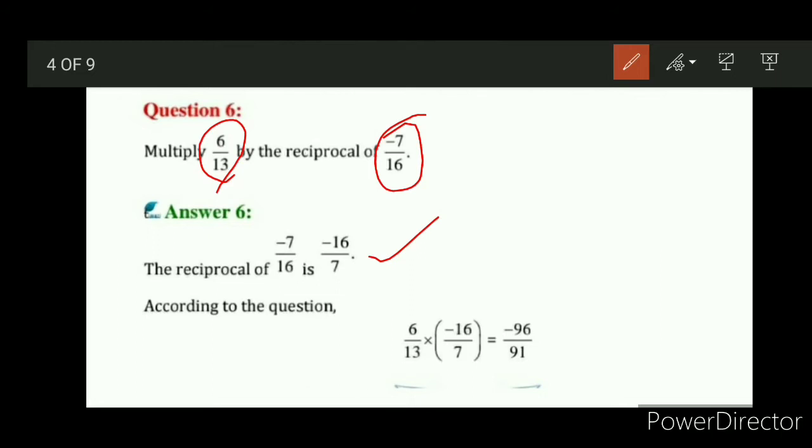After that, according to the question, we will multiply these two numbers. 6 by 13 into minus 16 by 7 gives minus 96 by 91. For this type of questions, much more explanation is not necessary, I think. So still if you do not understand, you can ask. Copy down.